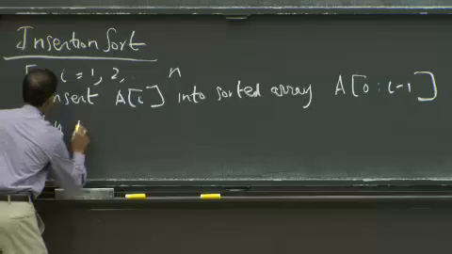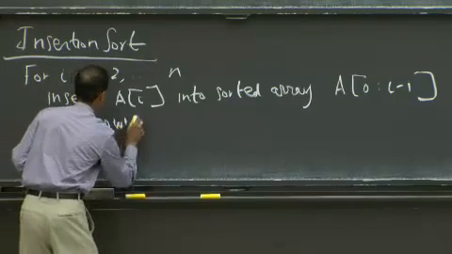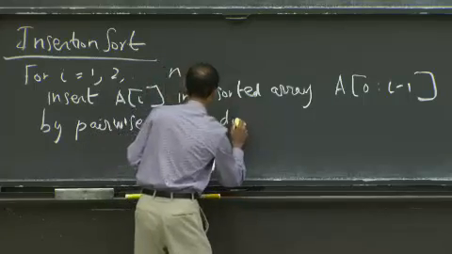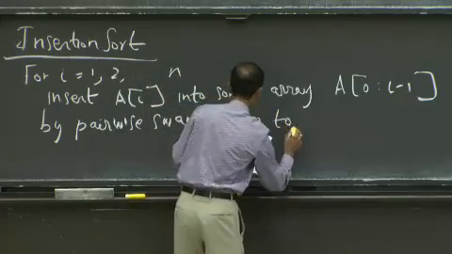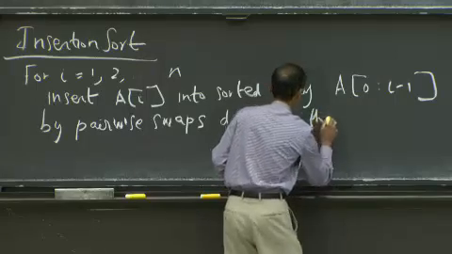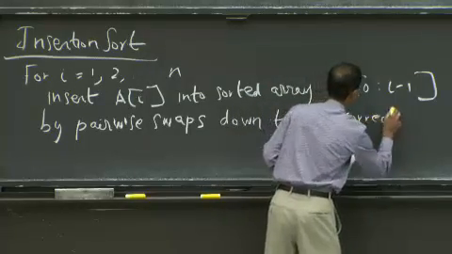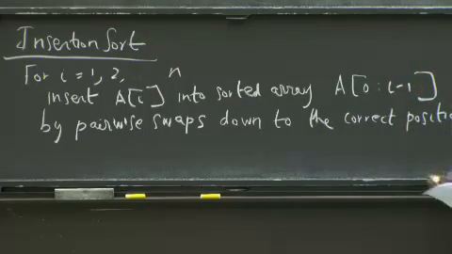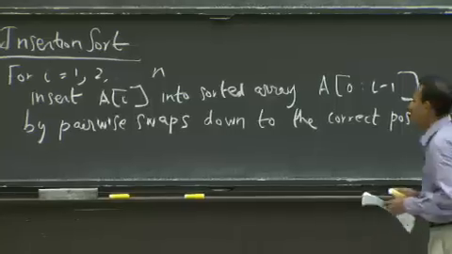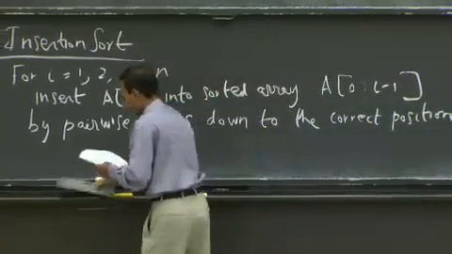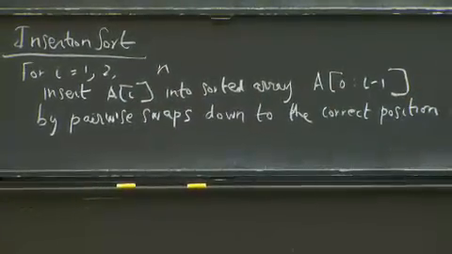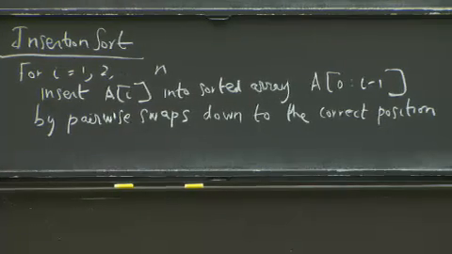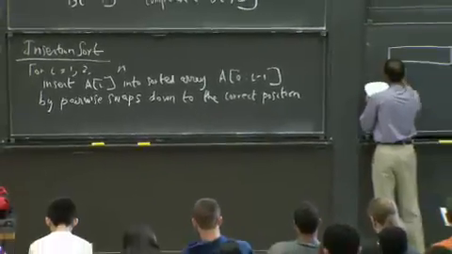And we're going to do this by pairwise swaps down to the correct position for the number that is initially in a of I. All right? So let's go through an example of this. We're going to sort in increasing order. Just have 6 numbers.